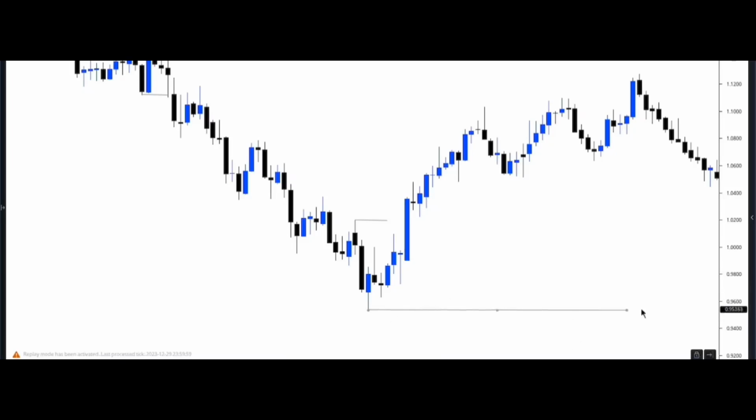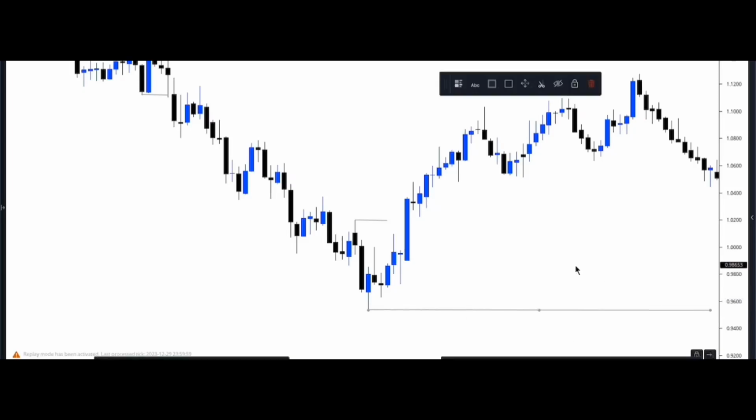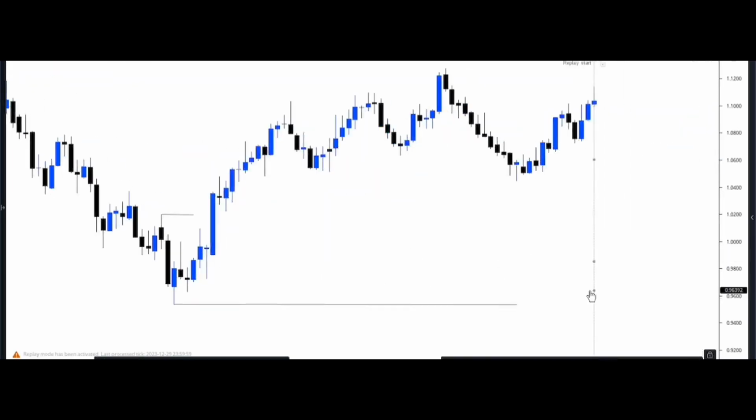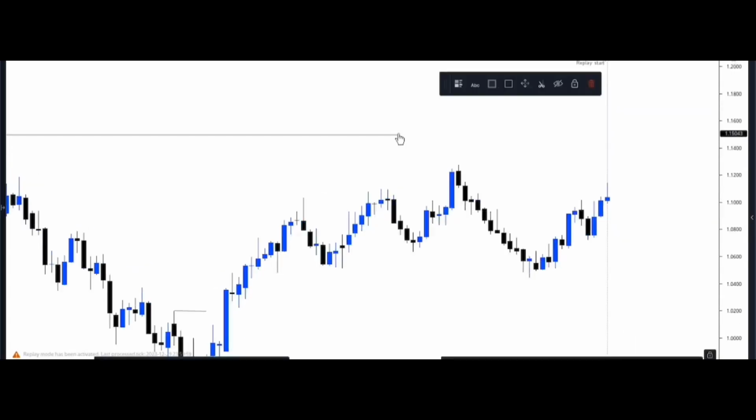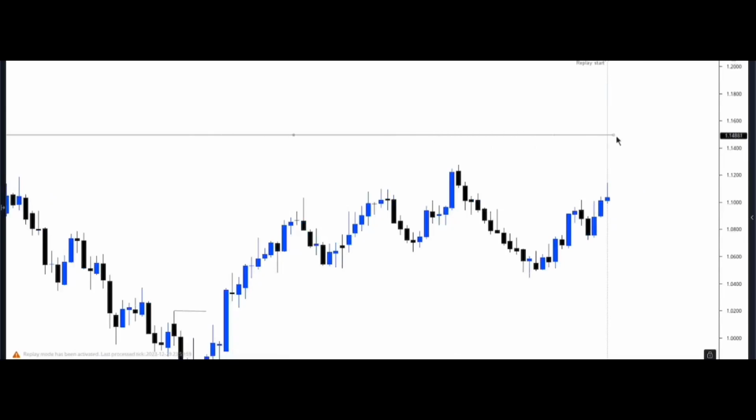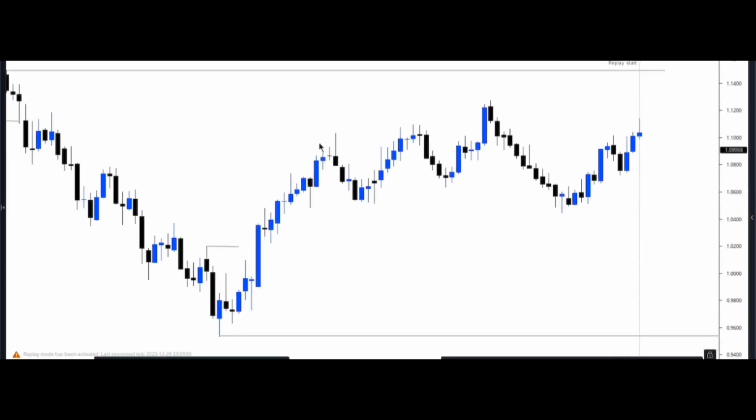If in future price comes to take out this low and closes below it, that will become a break of structure. So this is your low and this is your high. Price is in between this high and this low.